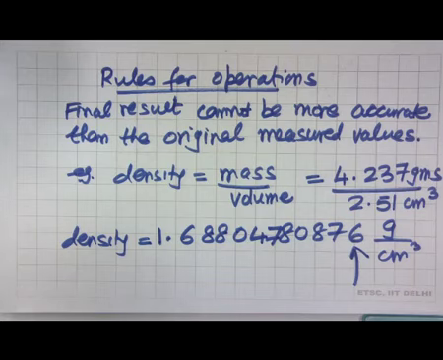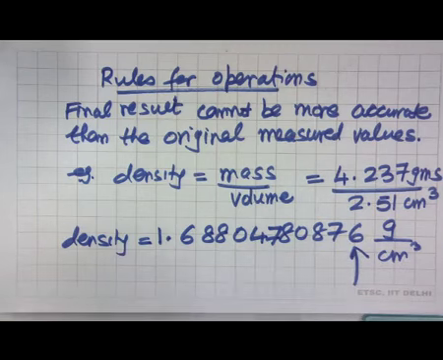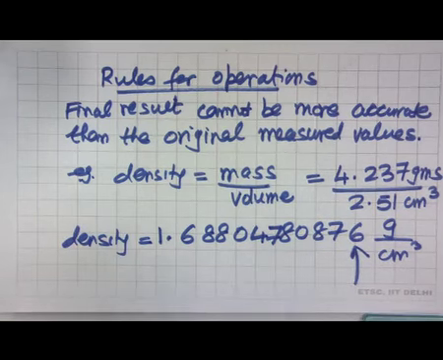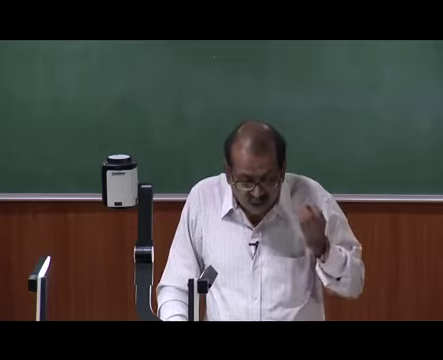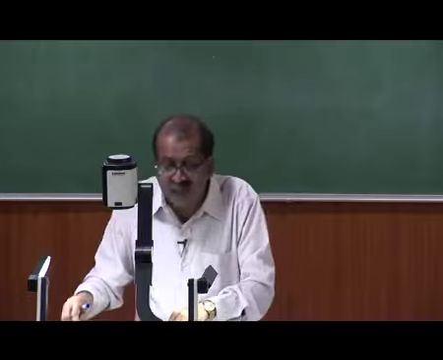So, expressing my answer in terms of these 11 numbers after the decimal is an absurd thing to do and is wrong. So, therefore, how do we work out when we have operations like this?